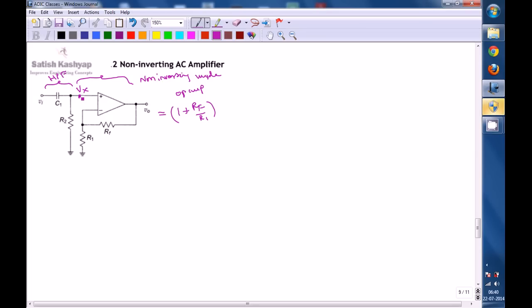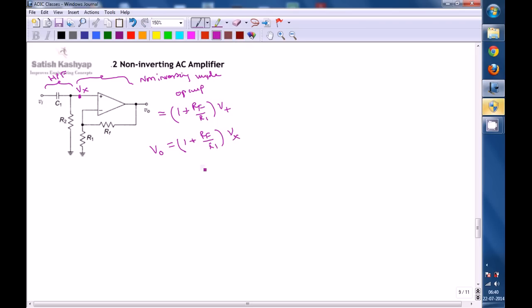So whatever voltage you get at this non-inverting terminal will be multiplied by 1 plus RF by R1. So V0 is equal to 1 plus RF divided by R1 times V plus, where V plus is the voltage at the non-inverting terminal, which is nothing but Vx.